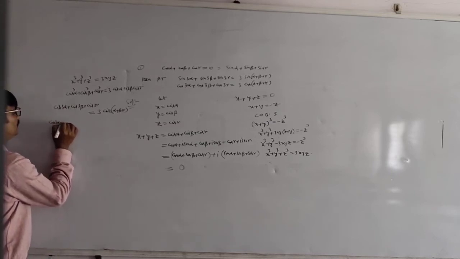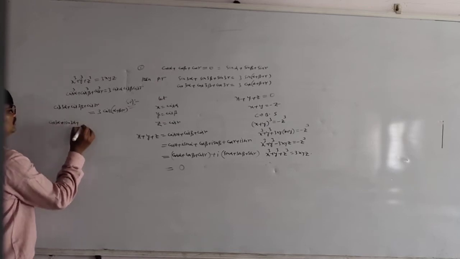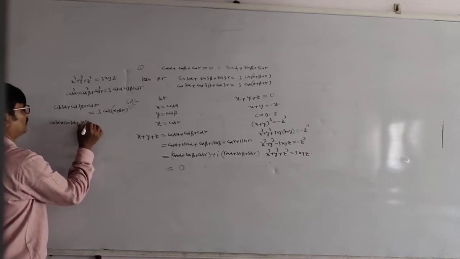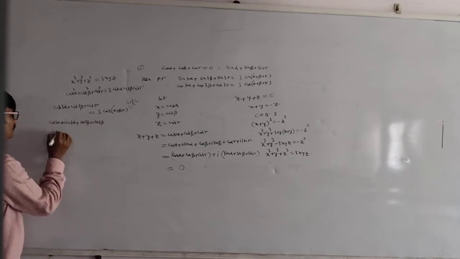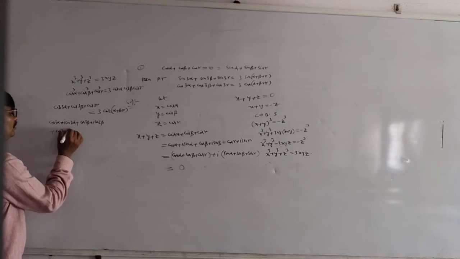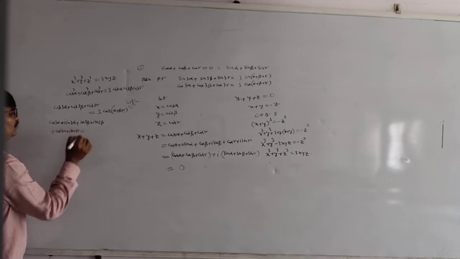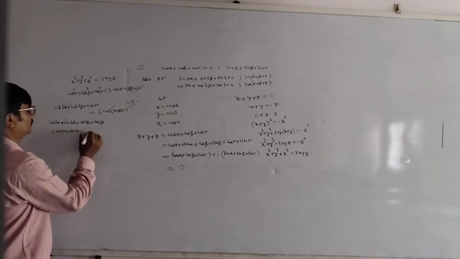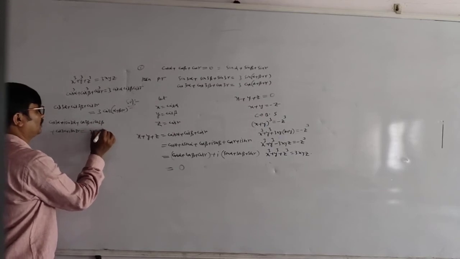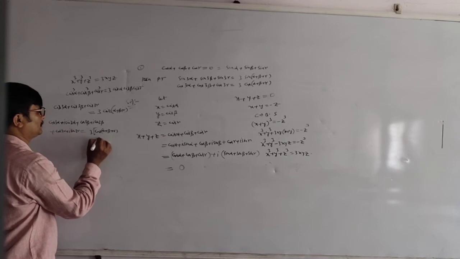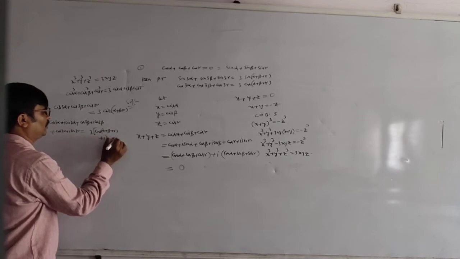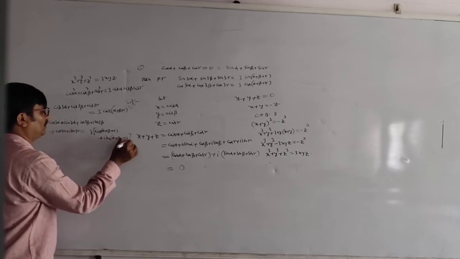This is cos 3 alpha plus i sin 3 alpha, cis 3 beta is cos 3 beta plus i sin 3 beta, cos 3 gamma plus i sin 3 gamma equal to 3 into cos of alpha plus beta plus gamma plus i sin of alpha plus beta plus gamma.